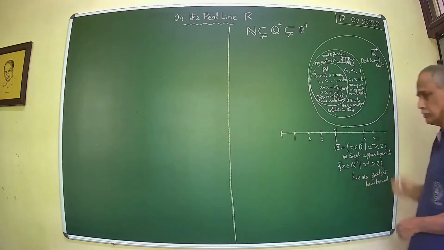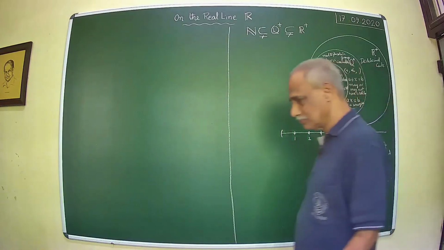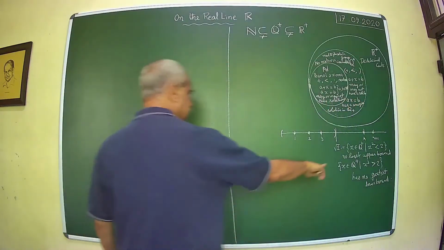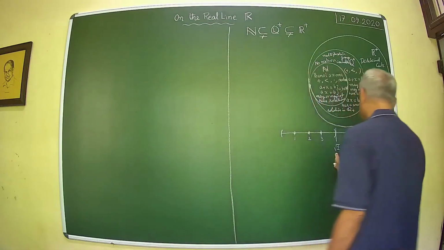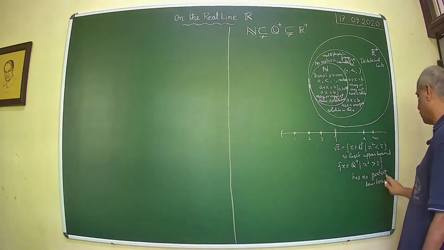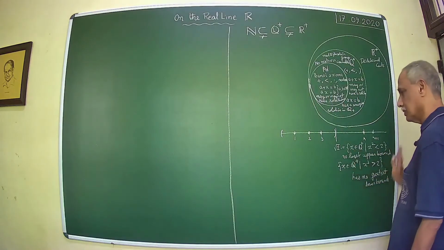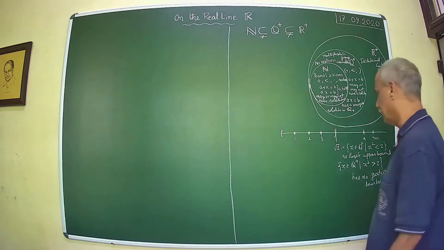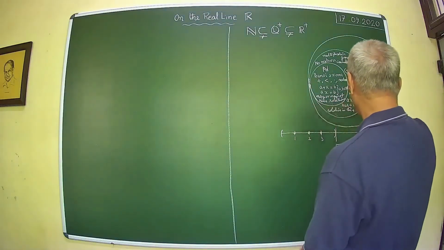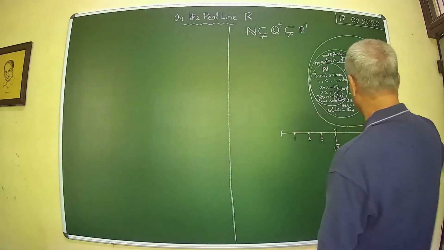Therefore, something that is missing there has been brought. Once you introduce this, then you can show that this set will serve as a greatest lower bound for the complement of this. That's the point. So you capture all such elements using these cuts.